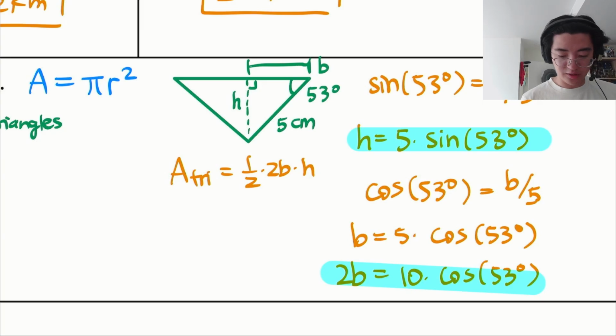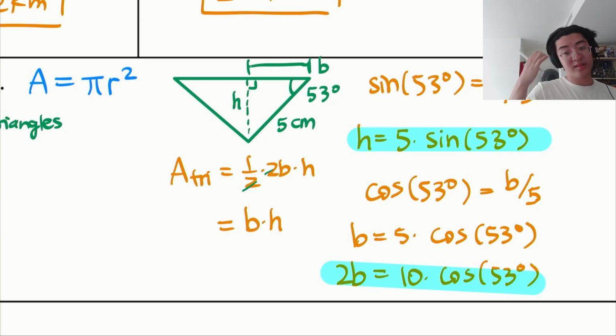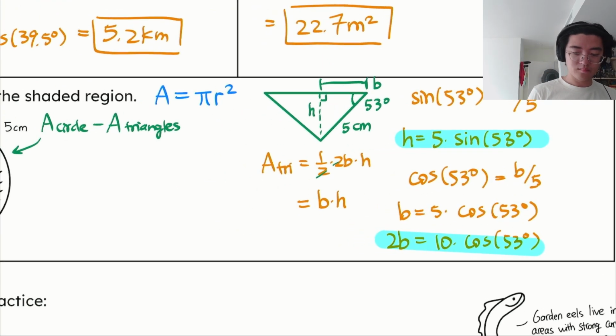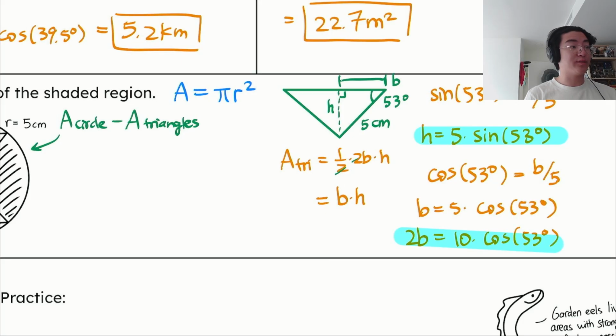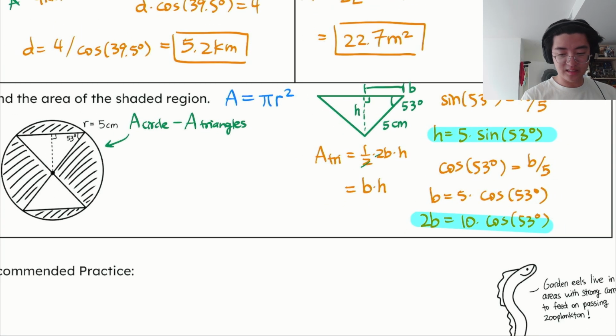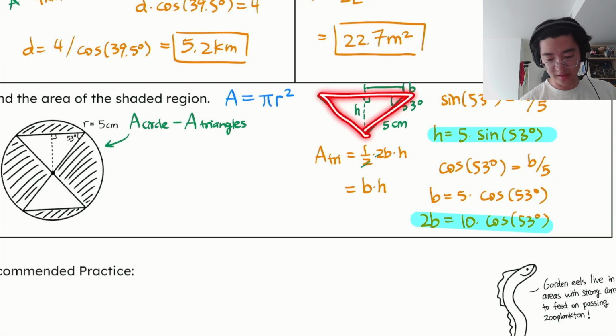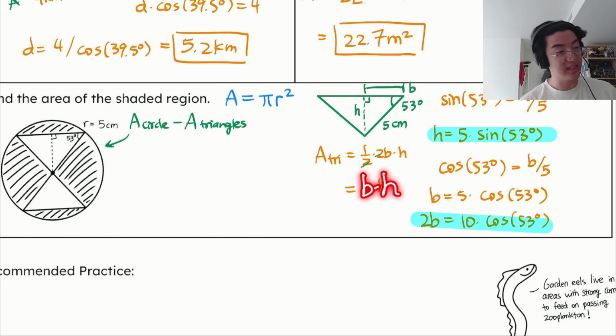So the area of one triangle, since those two cancel out, is just b times h. Because here we have 2 triangles, the area of one of these triangles is actually just base times height, not 1/2 base times height, because the bigger base is 2 times the smaller base that we found.